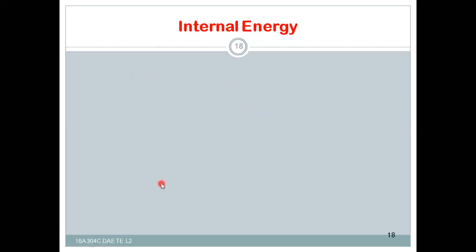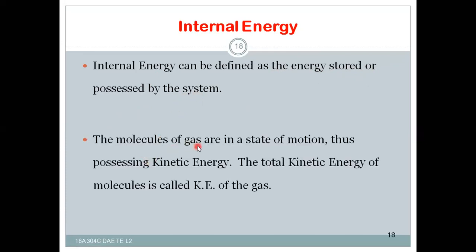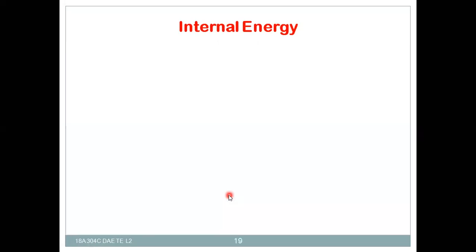So now the internal energy. Internal energy may be defined as the energy stored or possessed by the system. The molecules of gas are in a state of motion, thus possessing kinetic energy. The total kinetic energy of molecules is called the internal kinetic energy of the gas.